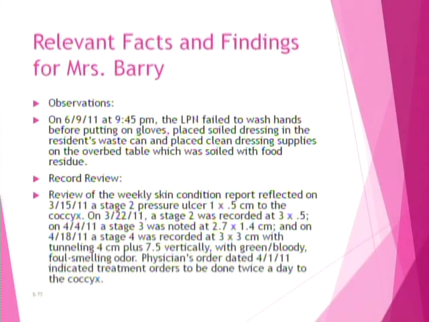A stage 3 noted and the size, stage 4 noted and the size, with tunneling, plus green, bloody, foul-smelling odor. And the physician's order dated 4/1/11 indicated treatment orders to be done twice a day to the coccyx.